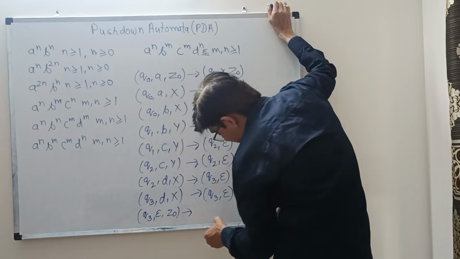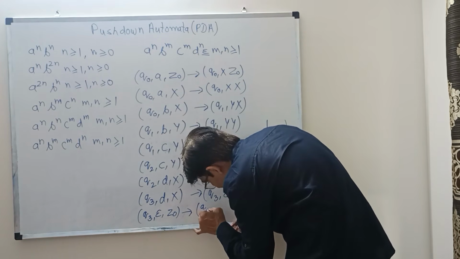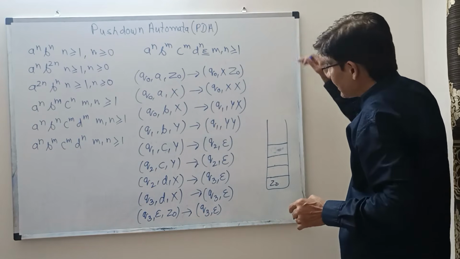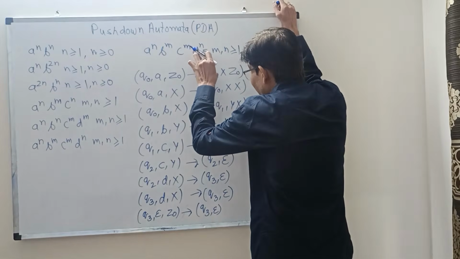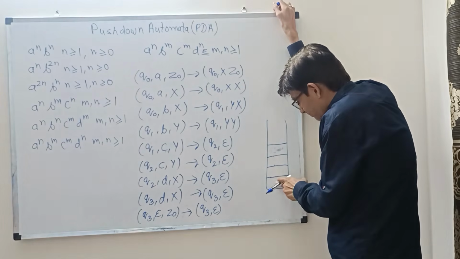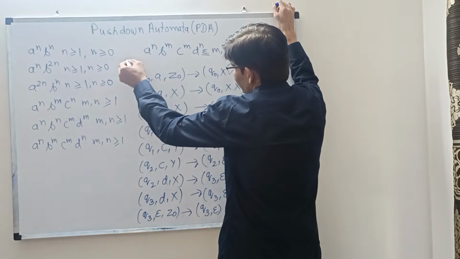If you get this combination, you can stay in Q3 and remove this Z0 from the stack. After reading the complete string, you are reading epsilon and the stack is completely empty. So the string is accepted by this machine.